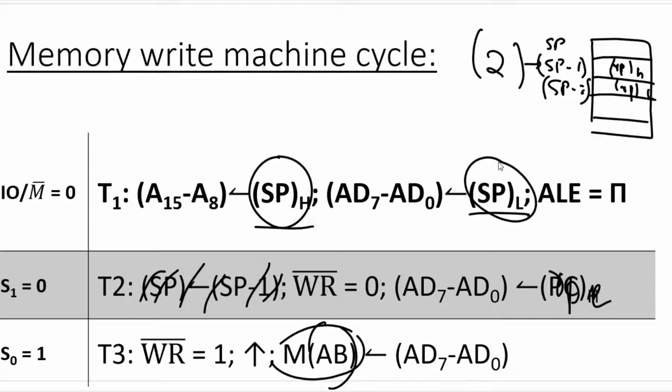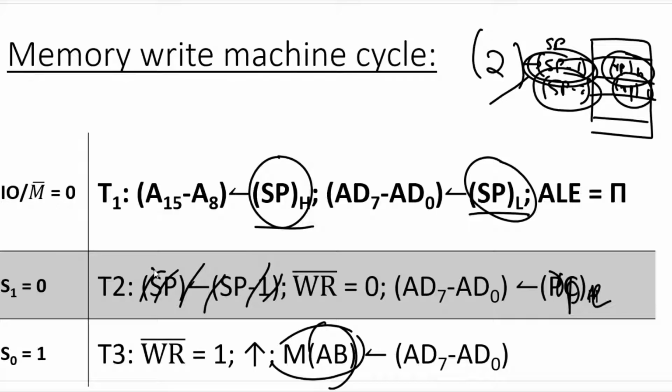Fine. So you have the opcode fetch machine cycle, then you have two memory write machine cycles. In memory write machine cycle number 1, RPH is loaded onto the data bus, and from the data bus to the memory location that is SP minus 1. RPH will be loaded to the SP minus 1 memory location of the stack memory, and in memory write machine cycle number 2, RPL, the least significant byte of the register pair, will be loaded onto the stack pointer minus 2.